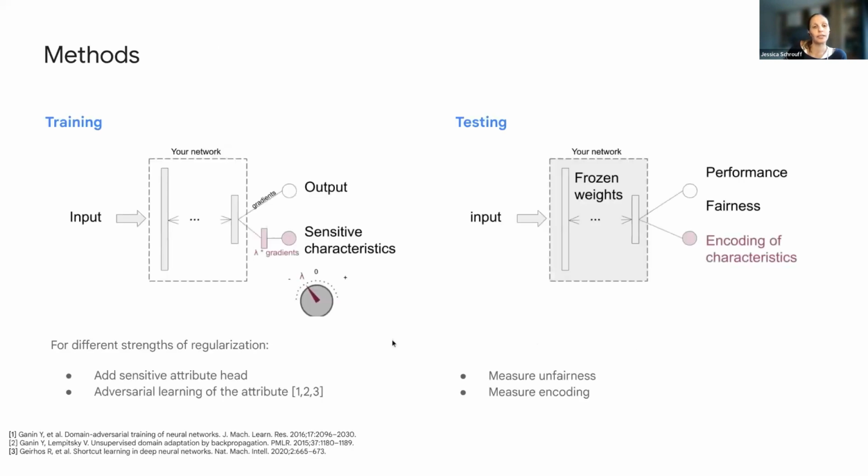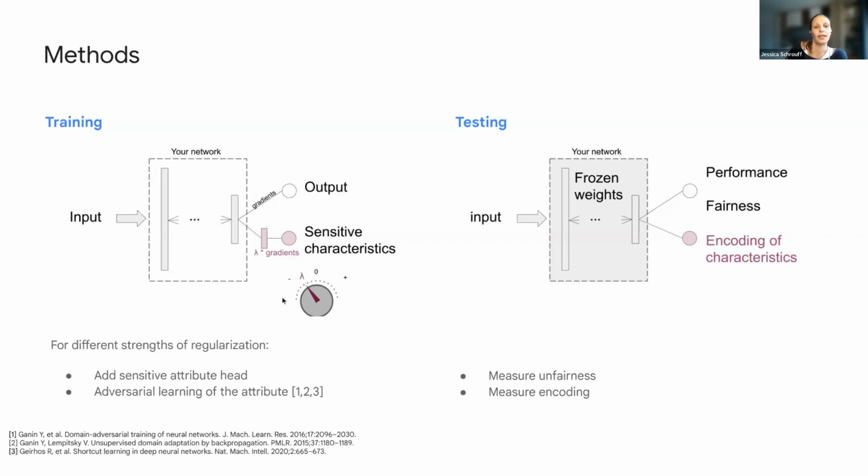In practice, what we do is actually quite simple. It's based on the field of adversarial learning. You have your network that predicts your output, and you add an extra head that predicts the sensitive characteristics. Now, you have a parameter that modulates the gradients of this additional head.